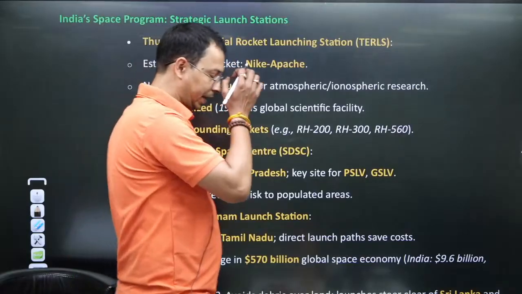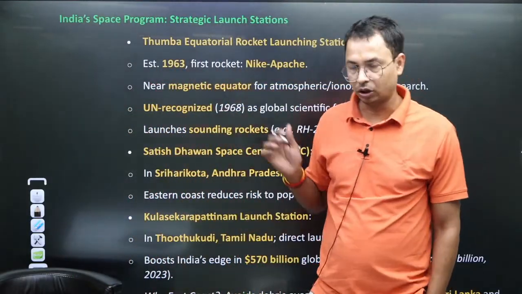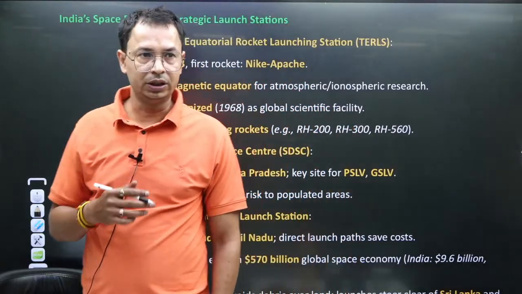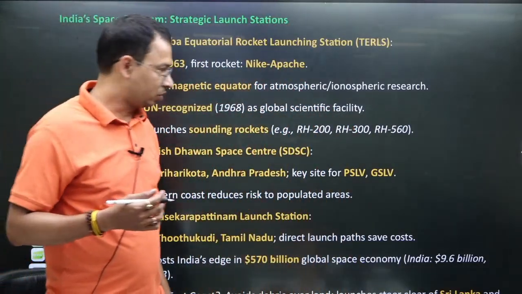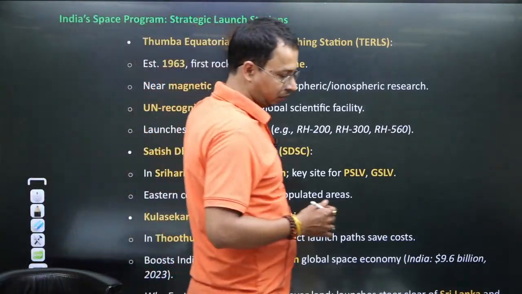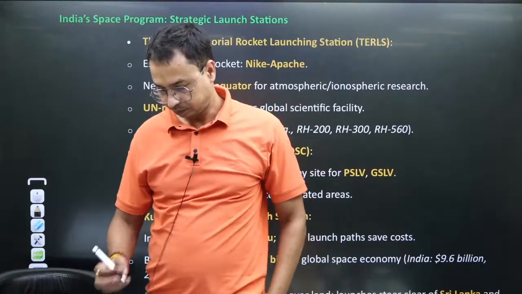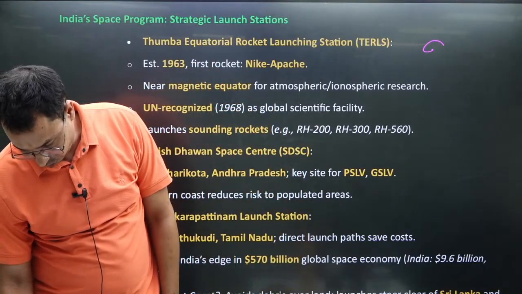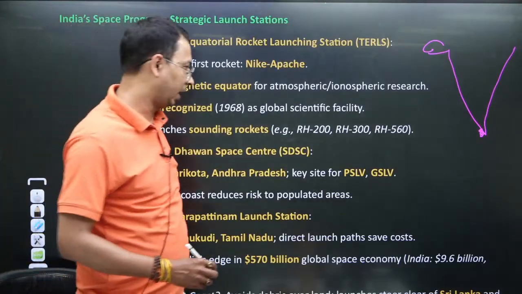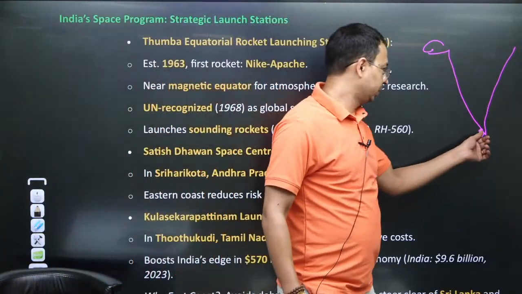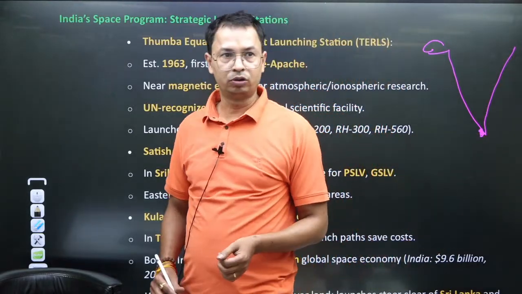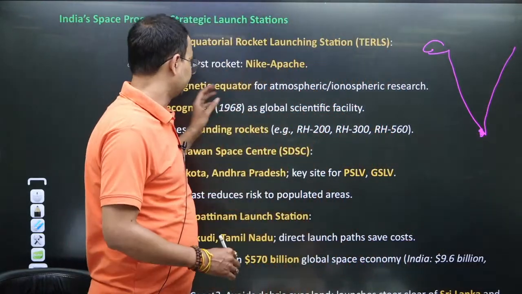So here I am discussing your rocket launching stations. We have 3 rocket launching stations right now. The first rocket launching station was established in Thumba. Thumba is in the tip of India, in Kerala. So this was our sounding rocket station. From Thumba, we launch our sounding rockets.